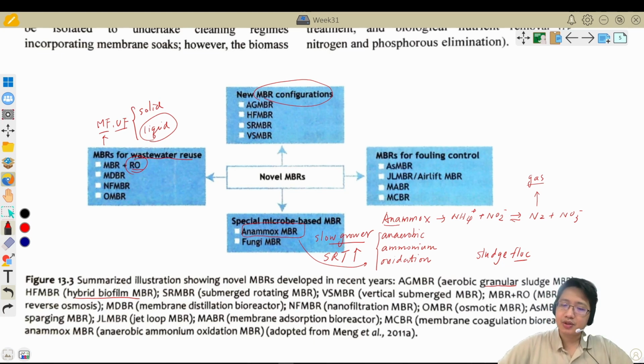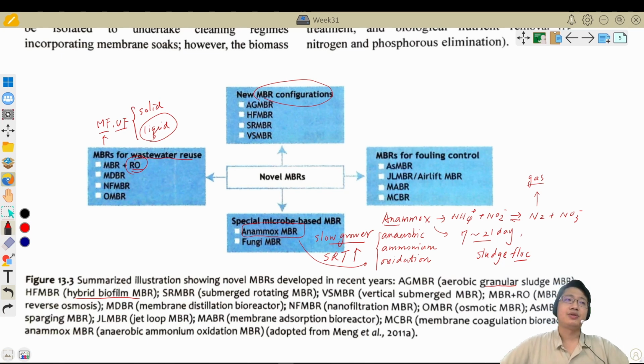But the Anammox bacteria have very slow growing characteristics because their doubling time is about 7 to 21 days under natural conditions.